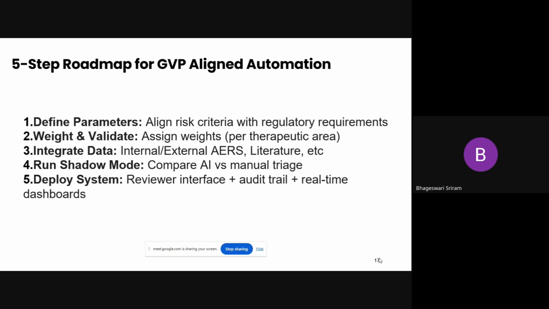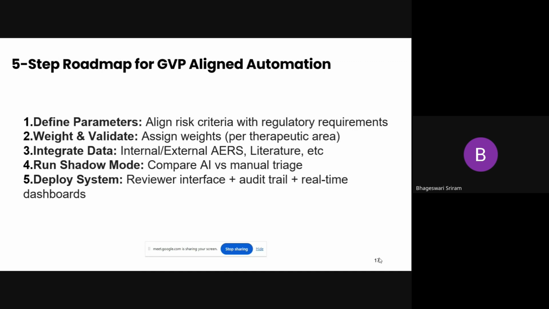So how does a 5-step roadmap look if we have to go ahead and automate our process? First, we define our parameters. You align the risk criteria with the regulatory requirements, and then assign weights to the individual parameters. And then definitely we need to define what data sets we are going to use.